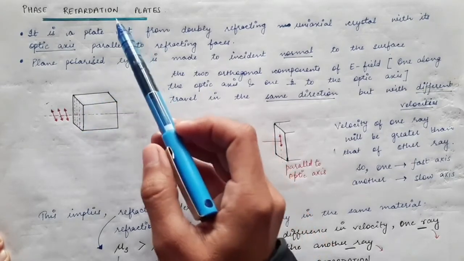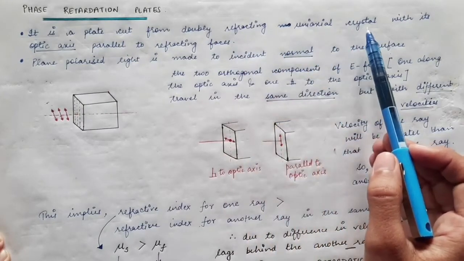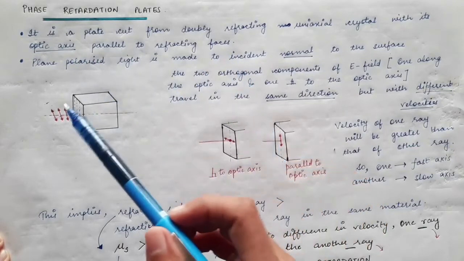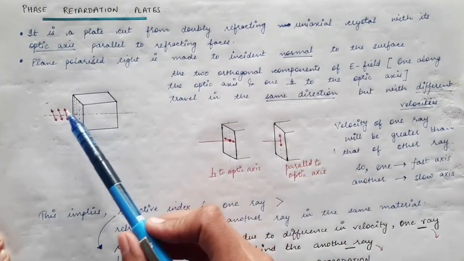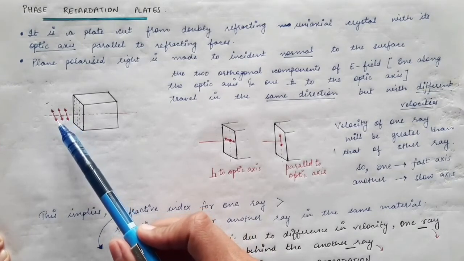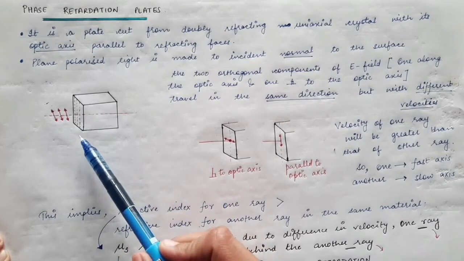So we cut a plate from a double refracting uniaxial crystal such that its optic axis is parallel to the refracting faces. And then we make plane polarized light fall on these plates normal to the refracting face.